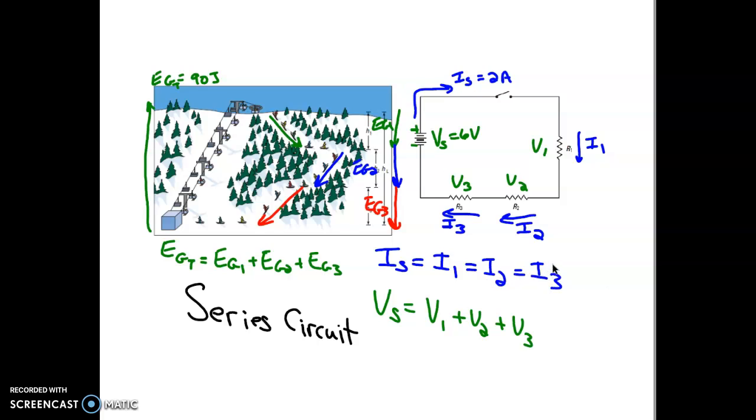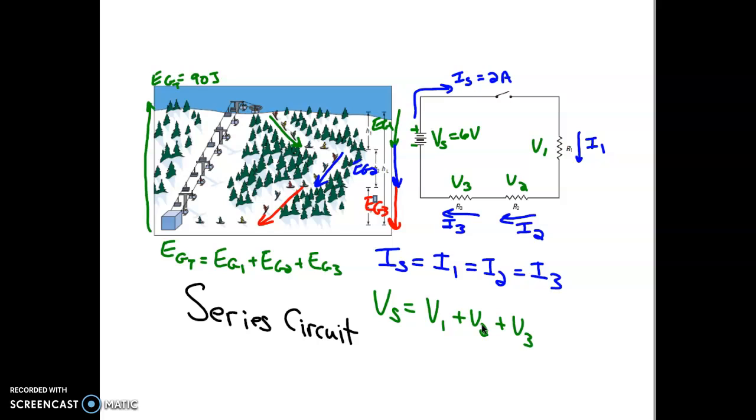But then also, just as the total height of the hill must be shared over the 3 runs, the potential difference, the voltage, must be shared over all 3 loads. So it has to be shared. If we look at this equation for voltage, the voltage of the source is equal to the summation of all the voltages at the resistors.